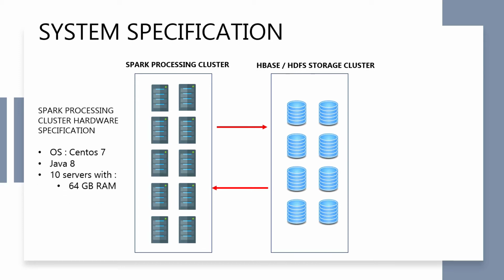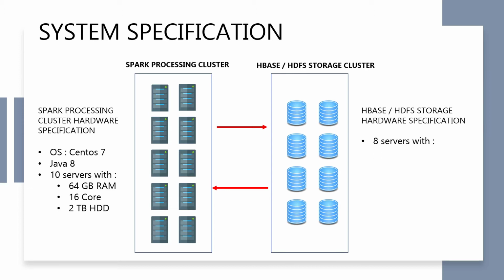Each server has 64 GB RAM, 16 core, and 2 TB HDD. HBASE or HDFS storage cluster specifications are 8 servers. Each server has 32 GB RAM, 8 core, 8 TB HDD.